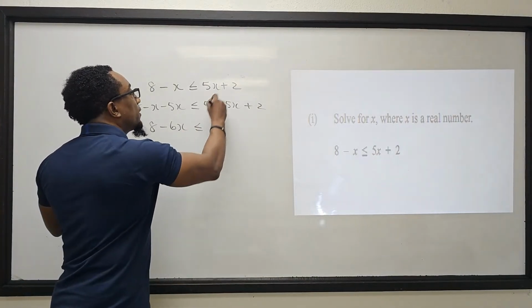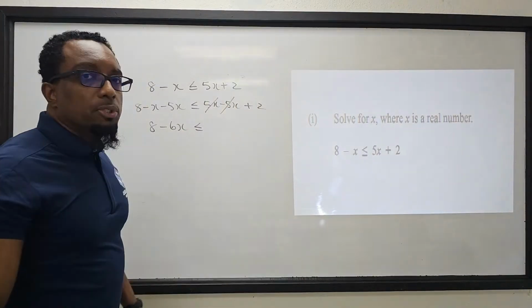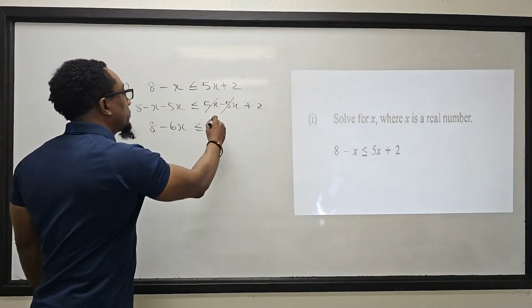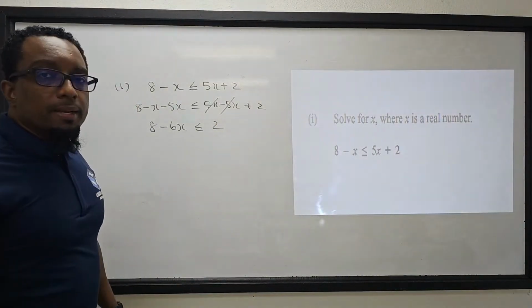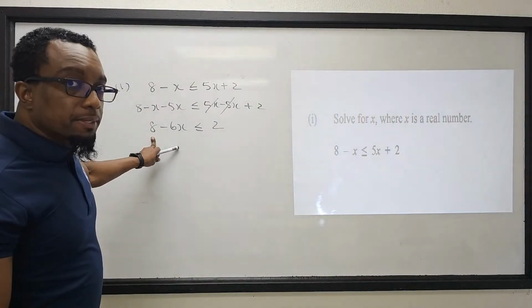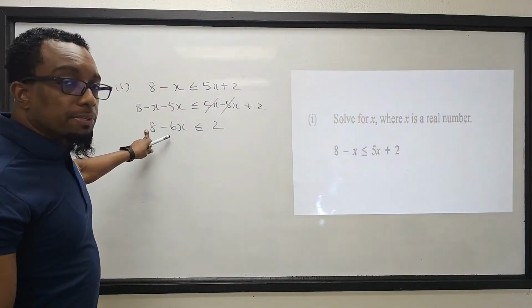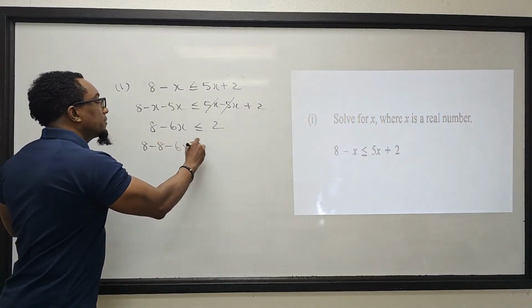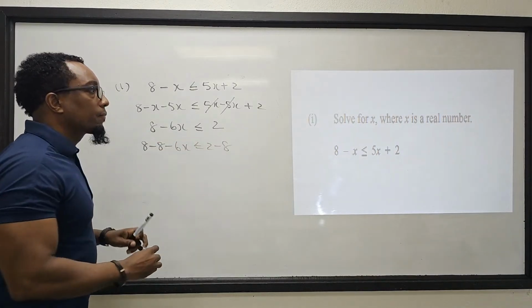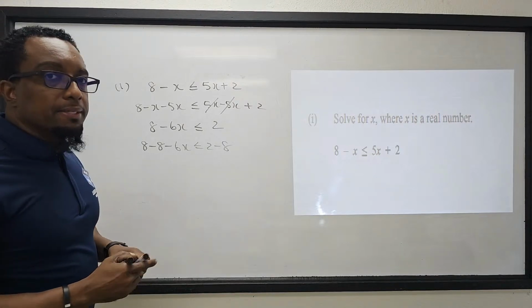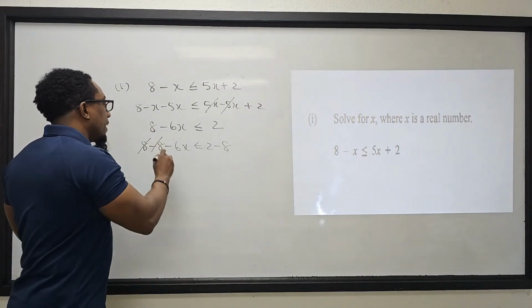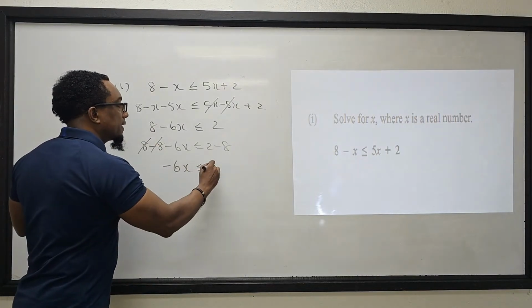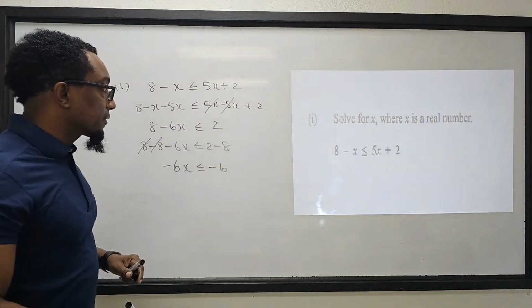It's less than or equal to 5x subtract 5x is 0 and that is 2. Let me remove 8 from the left. So I'm going to, this is positive 8, so I'm going to subtract 8 from both sides. So 8 minus 8 is 0. I'm left with negative 6x is less than or equal to negative 6.